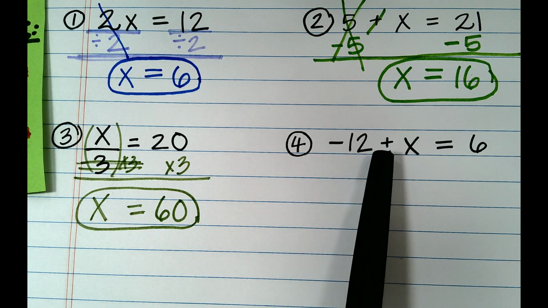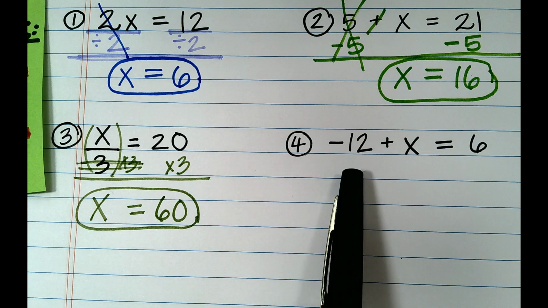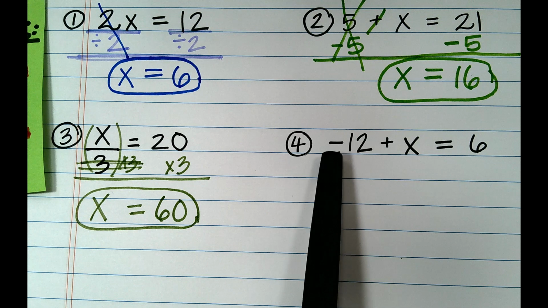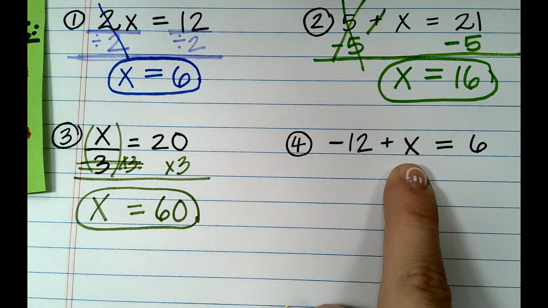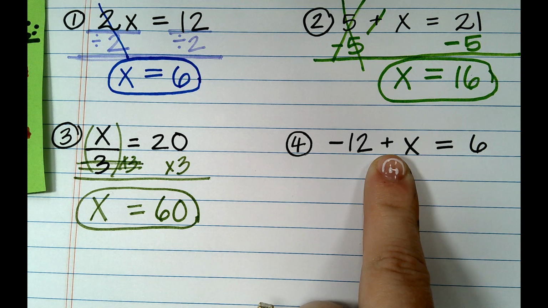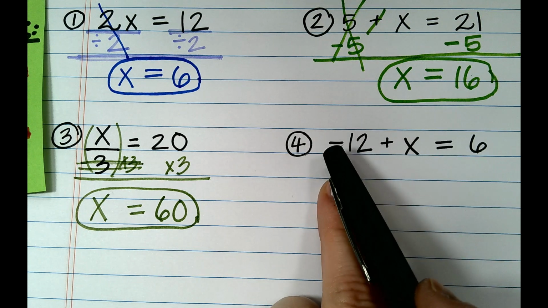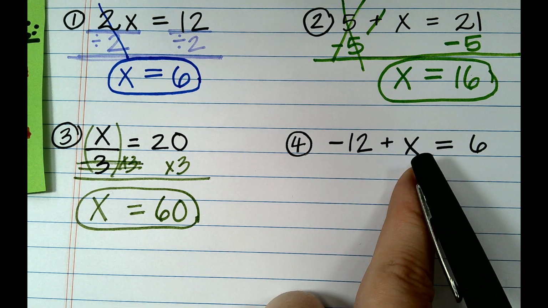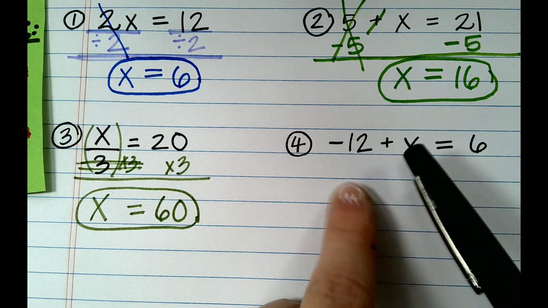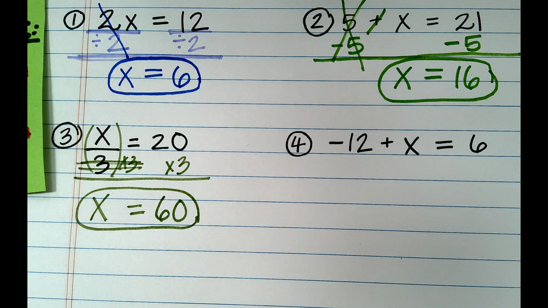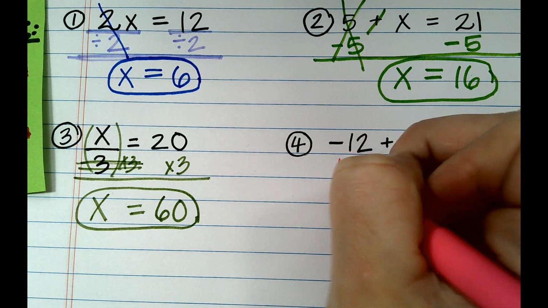So which sign are we looking at? That minus, because we're trying to get x by itself. And that plus sign is really just like an and sign. We have negative 12 and we have x. So to get rid of negative 12, what would we do? We would add 12. So I am going to add 12 to both sides.